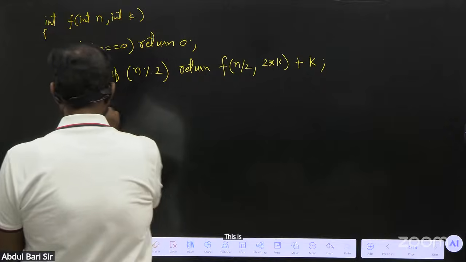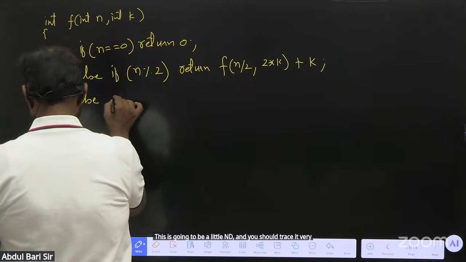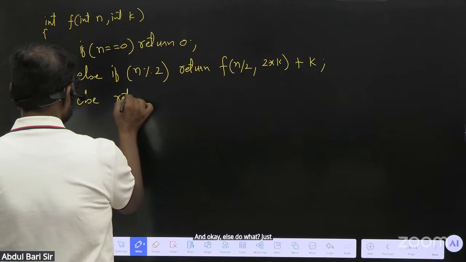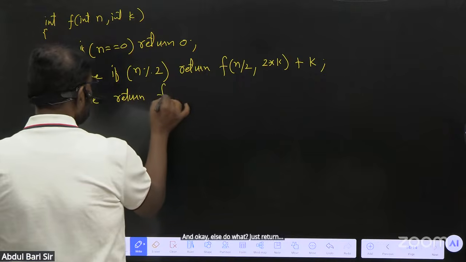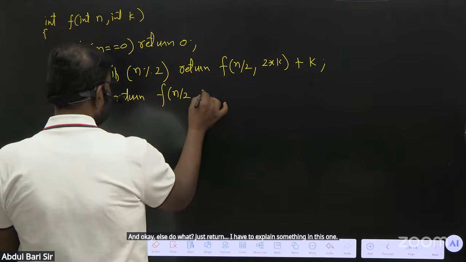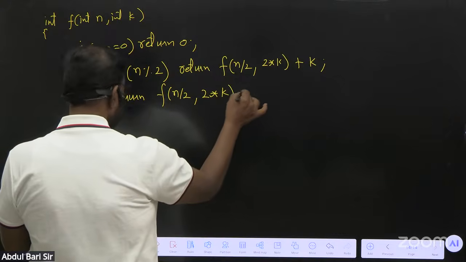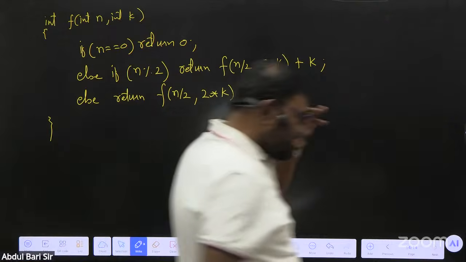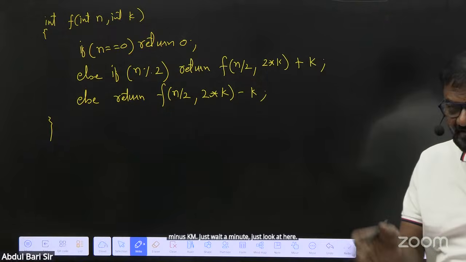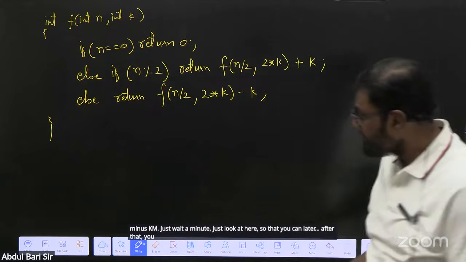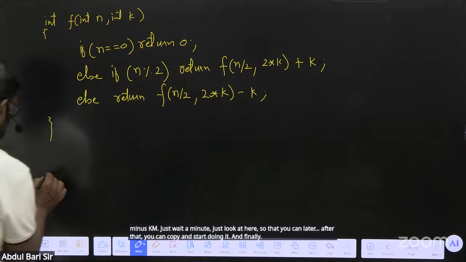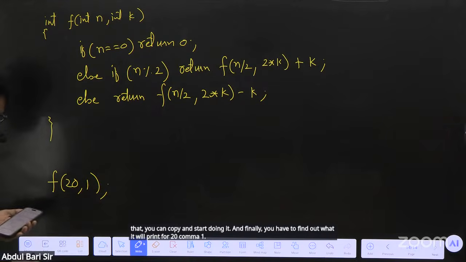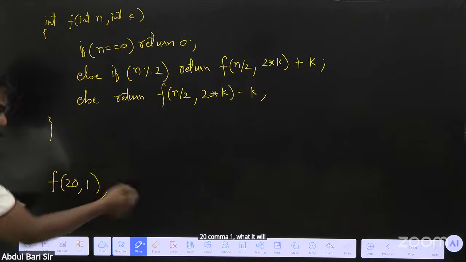This is going to be a little lengthy and you should trace it very carefully. And else, just return f of n by 2 comma 2 multiplied by k minus k. Just wait a minute. Just look here so that you can copy and start doing it. And finally, you have to find out what it will print for 20 comma 1. What is the result?